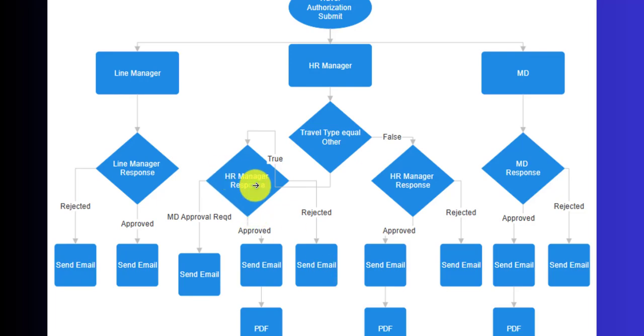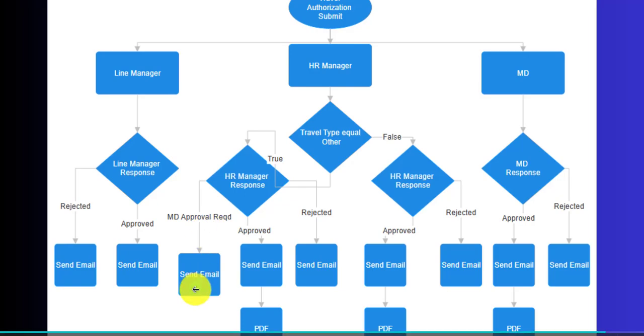If the HR manager thinks that yes, this application needs MD approval, then whoever the HR manager is will click that MD approval required button, and once they click it, it will go to the MD approval. So here the MD, or whoever the MDs are, will get the approval notification. They will check, and if they approve, it will approve, and if they reject, it will reject. If they approve, then the PDF will be generated in the final approval.